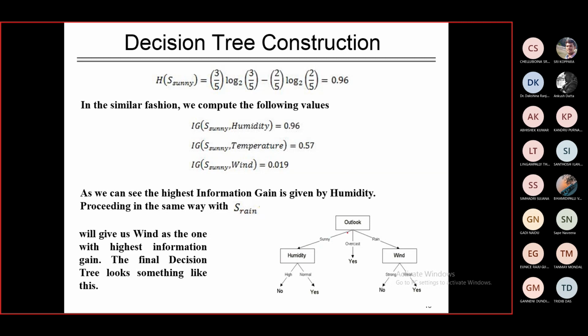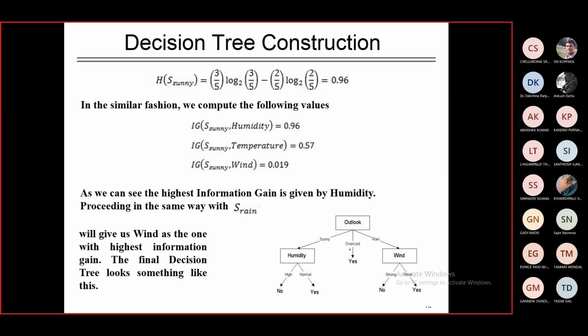That means the branch labeled Sunny coming out from the root node outlook goes into the humidity internal node. This internal node will be labeled by humidity.